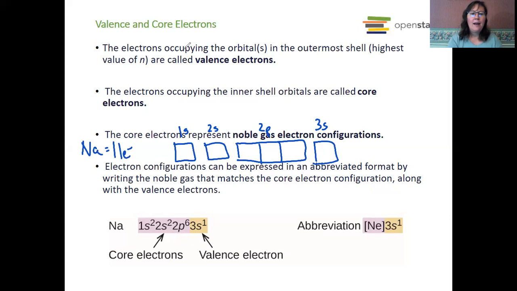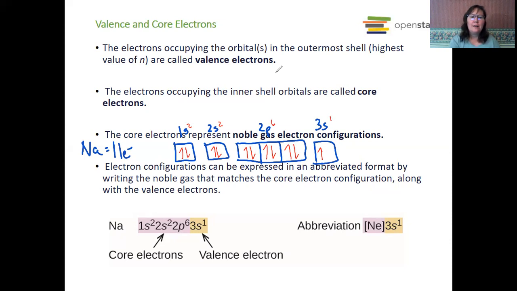Now I have 11 to place. So we'll say 1, 2, 3, 4, 5, 6, 7, 8, 9, 10, 11. That means we have 1s2, 2s2, 2p6, 3s1.